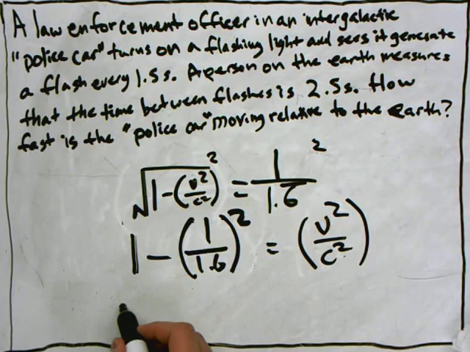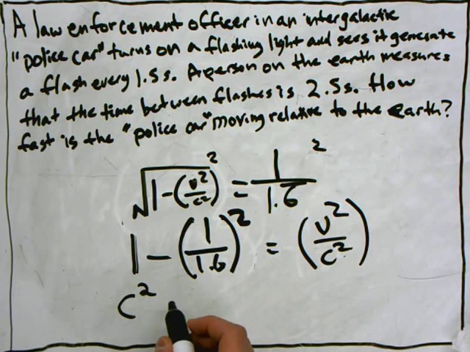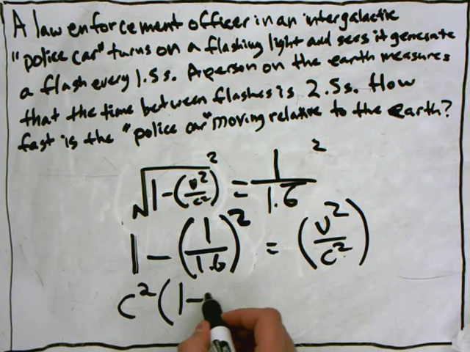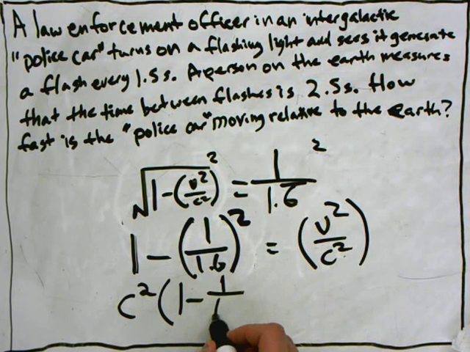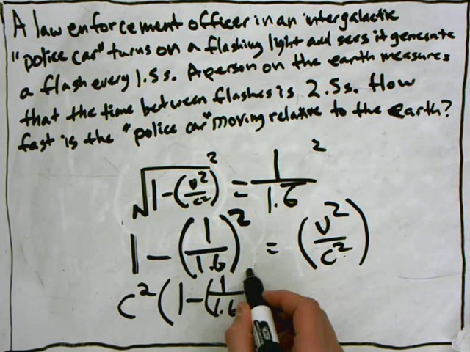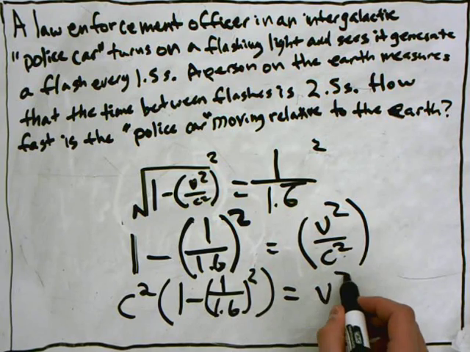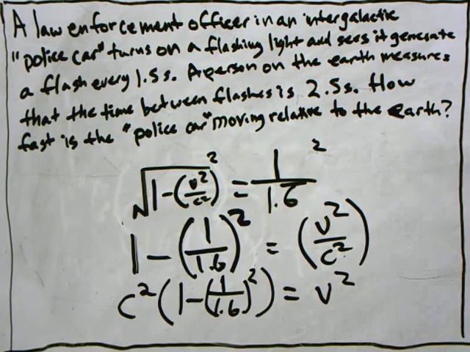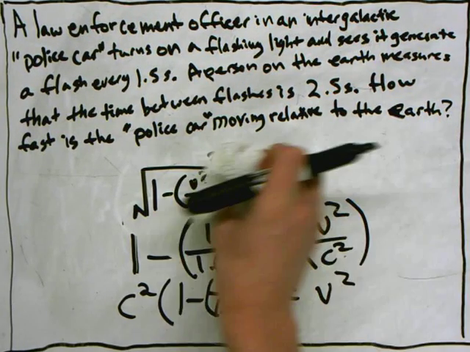Okay, so I'm going to plug this into a calculator. The speed of light is c equals 299,792,458 meters per second.